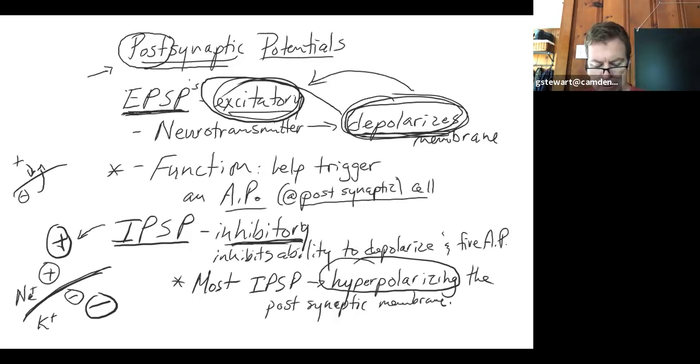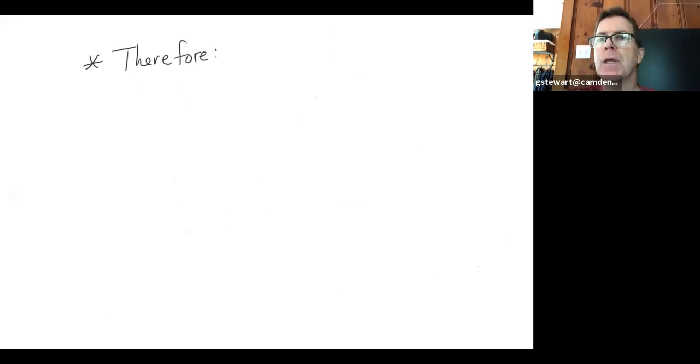So all of this business, what does it tell us? At the end, what can be concluded from this is that the action of a neurotransmitter on any postsynaptic cell is not dependent on the neurotransmitter itself.